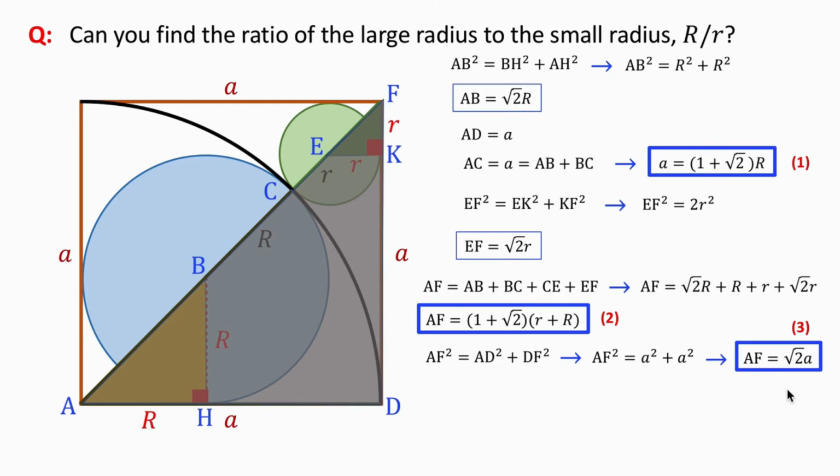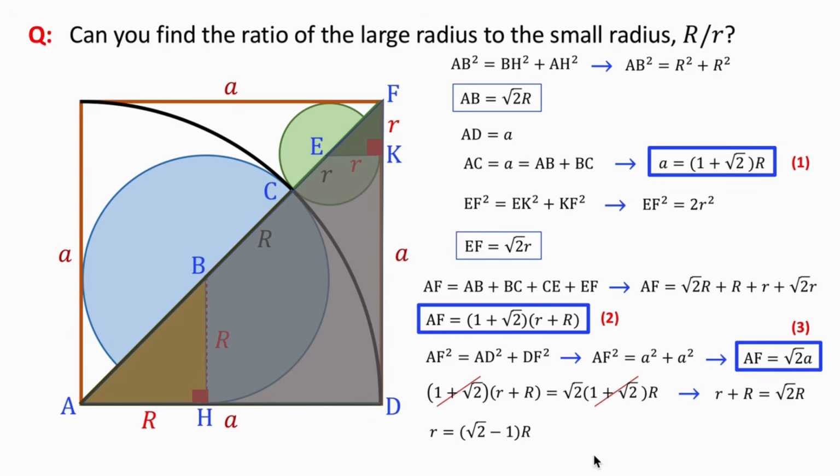Now we have three equations, 1, 2, and 3. Substituting equation 1 into equation 3 and equating the result with equation 2, we obtain this expression in terms of the circle radii. If we cancel out 1 plus square root of 2 from both sides and simplify it, we get this.